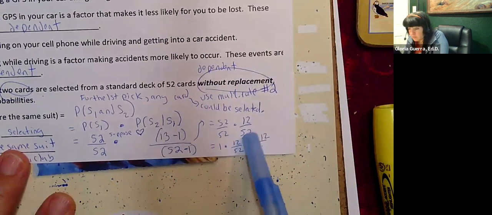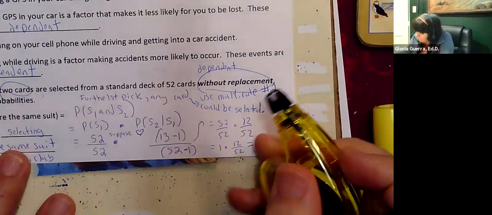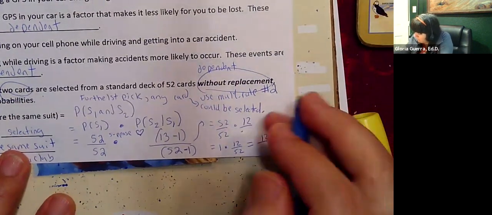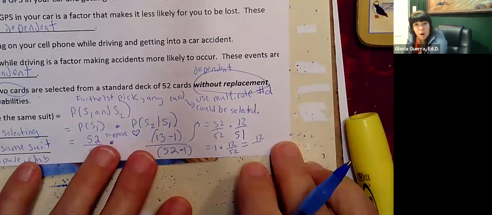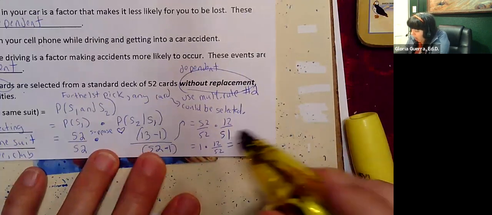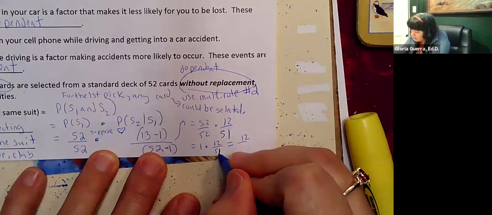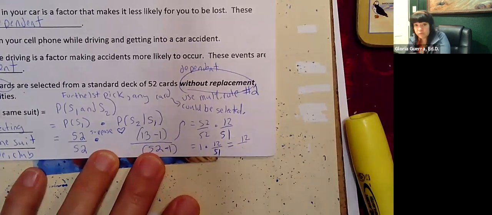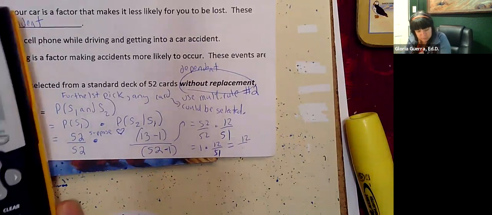So this gives me 51. And that's 12 over 51. 1 times 12 over 51 is just 12 over 51.